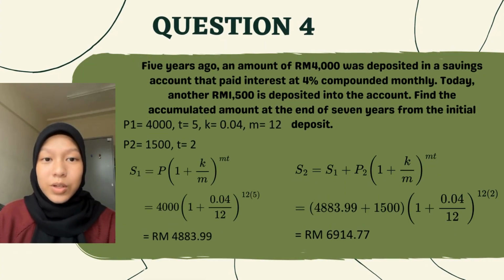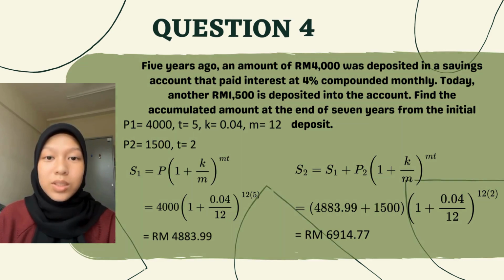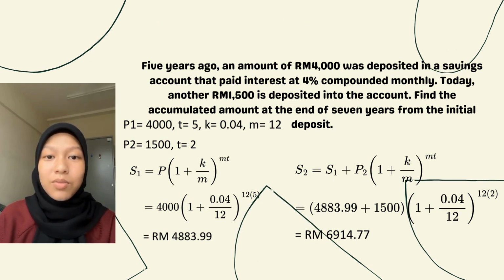We continue to question number 4. As usual, we need to identify each of the information given. P1 equal to 4,000, K equal to 0.04, M equal to 12, and T equal to 5. And we have P2 equal to 1,500 and T equal to 2.